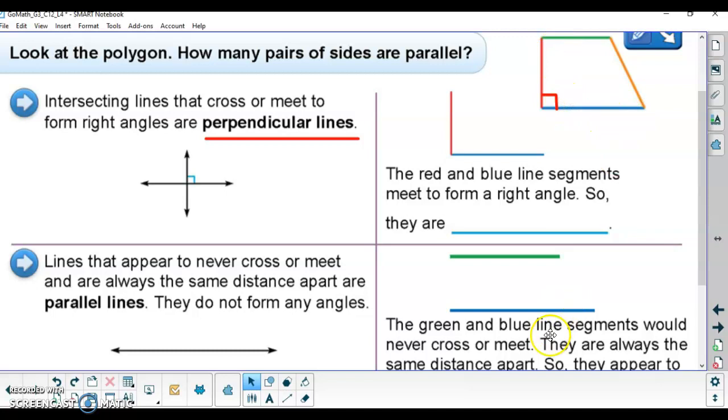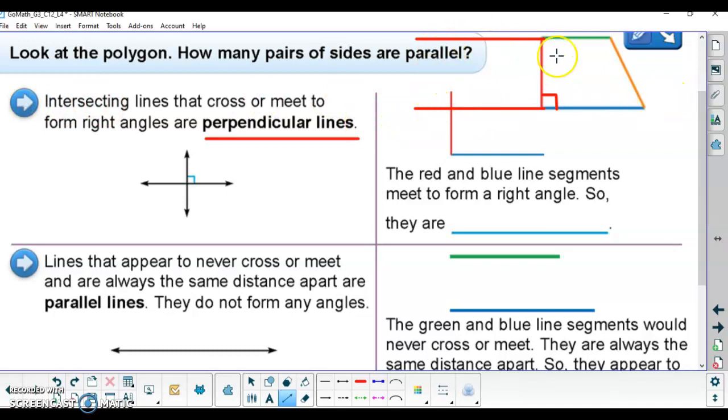If I kept drawing the blue line on and on and on and never stopped, and I kept drawing that green line on and on and on, they would never ever touch. See how this one goes on and on forever this way? Goes on and on forever this way, and there's always the same amount of space in between them.